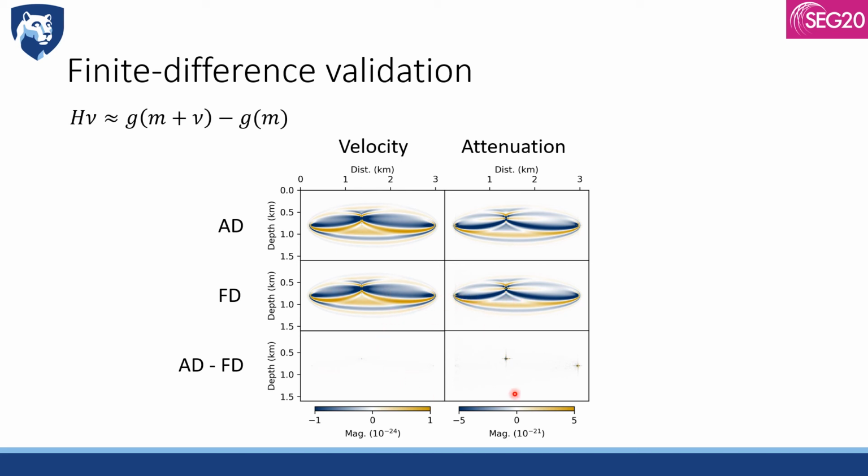Their residuals are in the third row. We can see that we only have some minor residuals at the singularity points, which validates our second-order adjoint state method to compute the Hessian-vector product. The additional cost for this method is 2 simulations per source, which is pretty reasonable and practical.